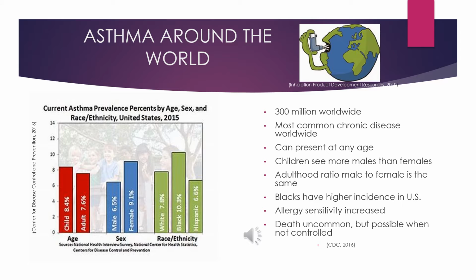In children, males have a higher incidence of asthma than females, but by the time they get to adulthood, the ratio kind of evens out. Blacks have a higher incidence in the U.S. Allergy sensitivity, of course, increases that, and death is uncommon, but it is still possible when it's not controlled.